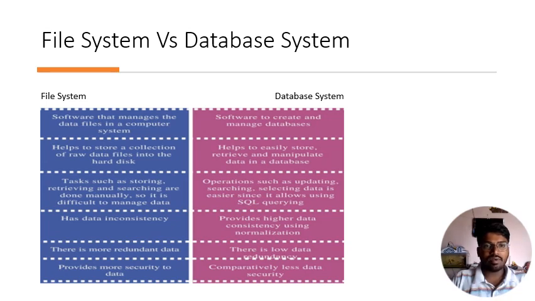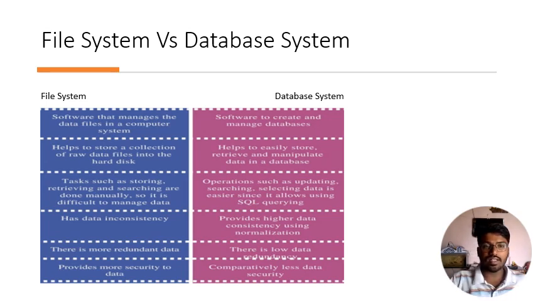Database system helps to easily store, retrieve and manipulate data in a database. In file system, tasks such as storing, retrieving and searching are done manually, so it is difficult to manage data. In database system, operations such as updating and searching data are easy since it allows using SQL queries.